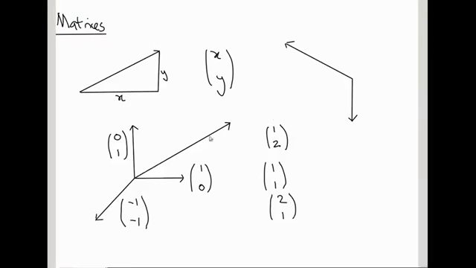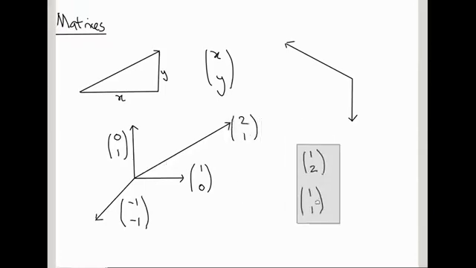Well, you can see it points more to the right than it does up. So the first entry, the top entry, should be bigger than the second entry. So it's not this one. It's not this one. It has to be (2, 1). It points 2 to the right and 1 up. So these guys are not right.